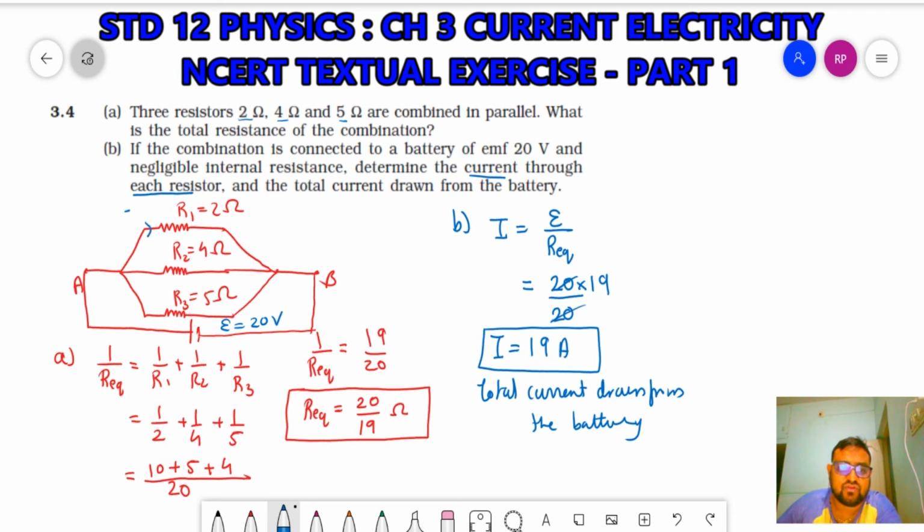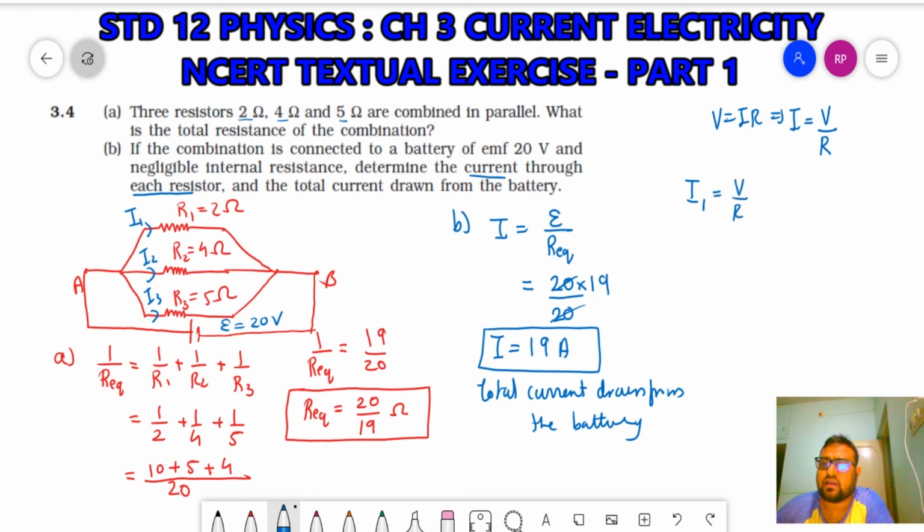So let the current through the first resistor be I1, second be I2, and third be I3. Now we know the formula V equal to IR. That implies I is equal to V by R. So the current flowing in the first resistor I1 will be equal to V by R.